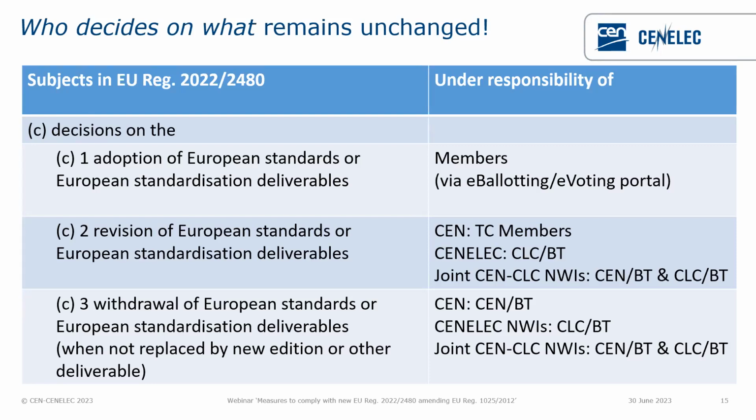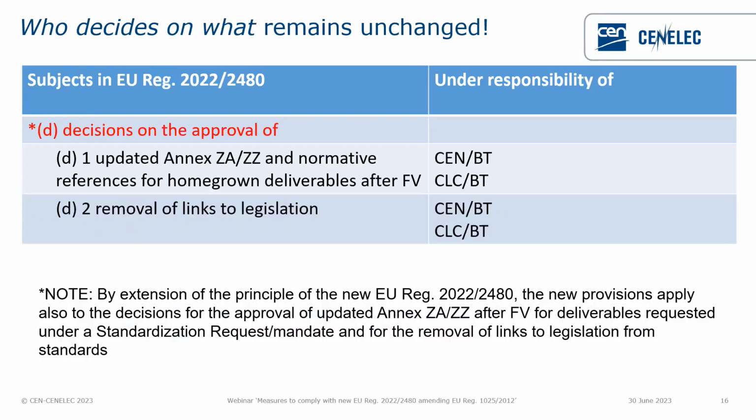For the revision of European standards deliverables, we go back to the same criteria that we have seen for the creation of new work items. And for the withdrawal of European standards or European standardization deliverables, when not replaced by a new edition or other deliverable, in this case the responsibility is with the BT to decide on the withdrawal.